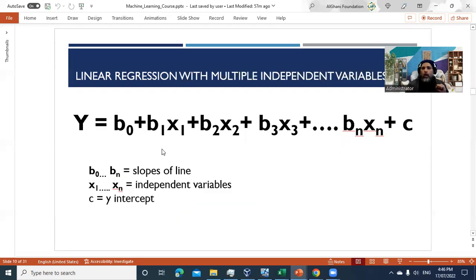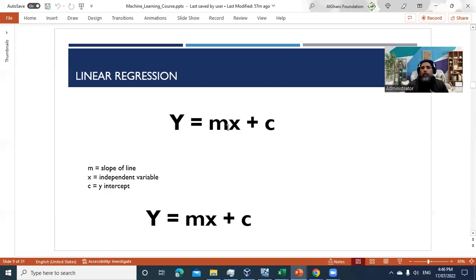But now the question is, here we only have one independent variable, and the other one is the dependent variable, which we are predicting as part of the linear regression. So how are we going to build our equation if we have more than one independent variable?